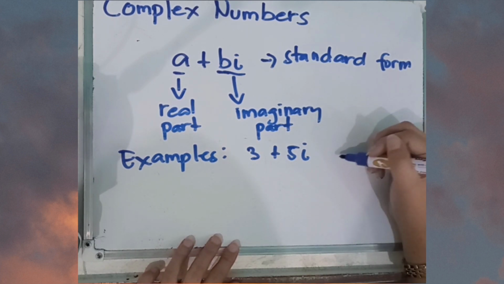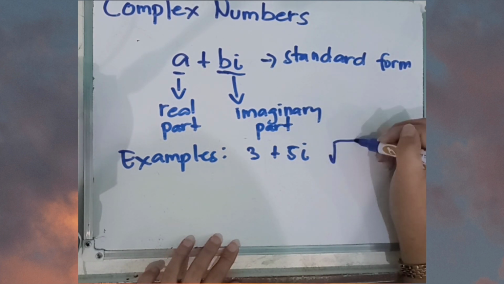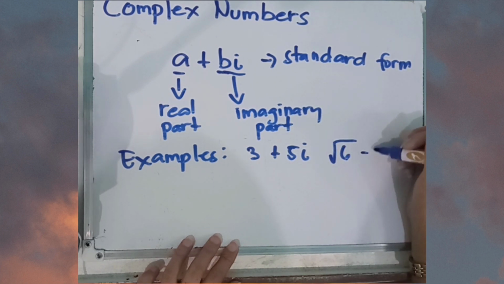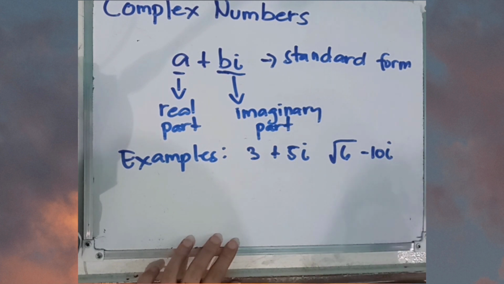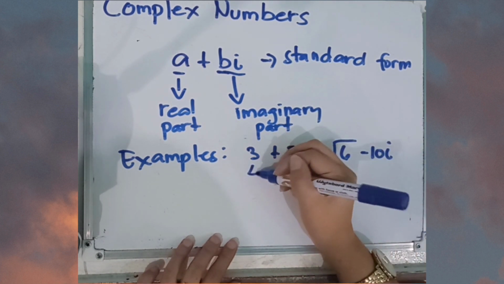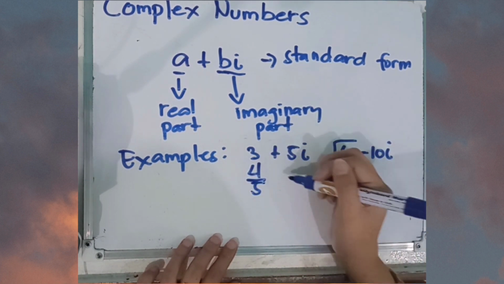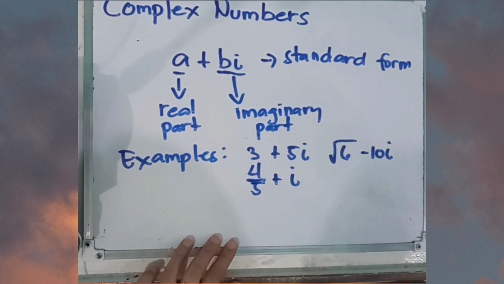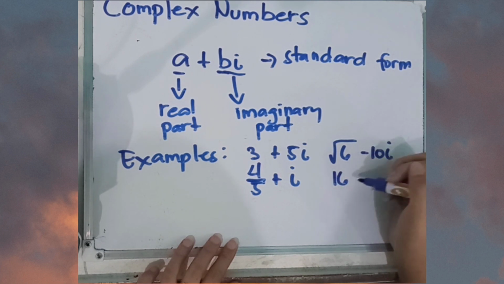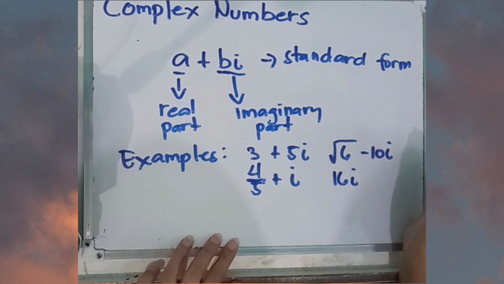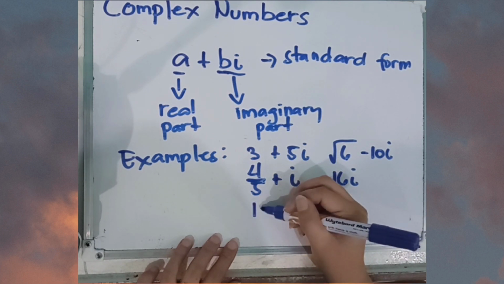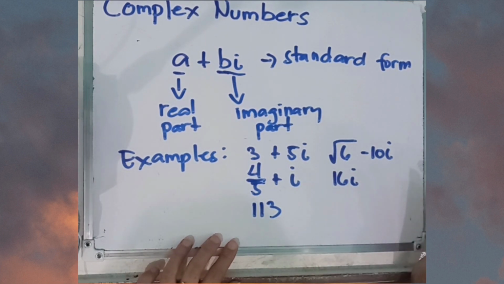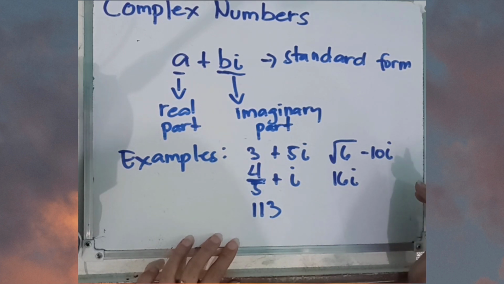We can also have, let's say, the square root of 6 minus 10i. That's a complex number. We can also have 4/5 plus i. We can also have 16i. And we can also have a certain number, let's say 113. These are all examples of complex numbers.